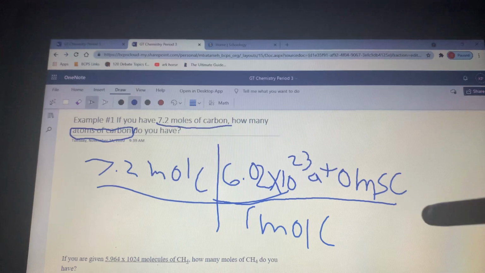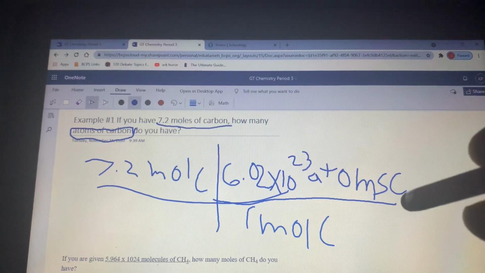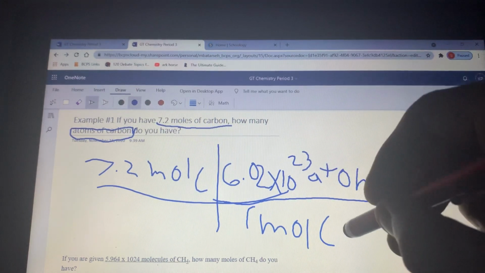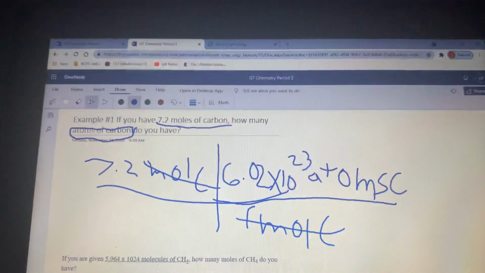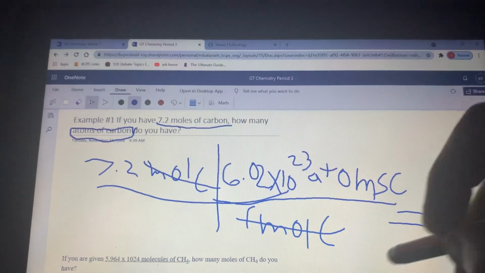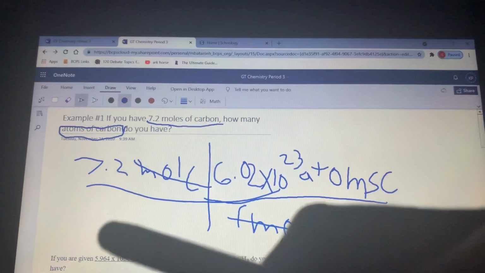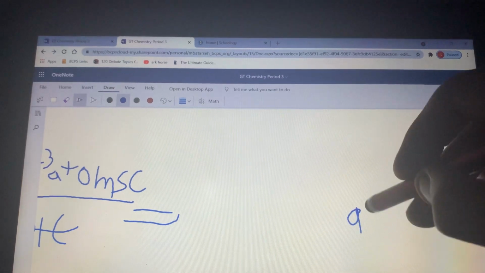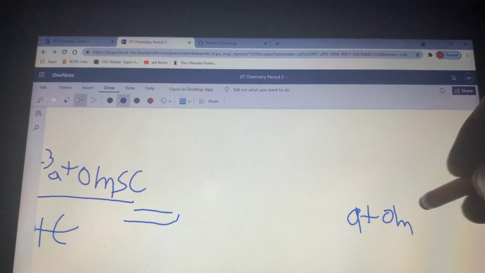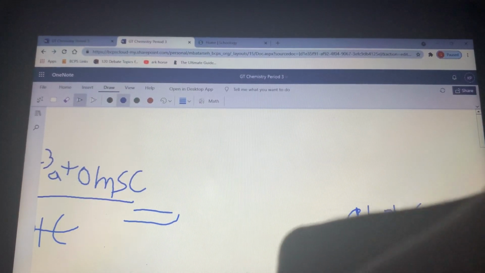So it seems like we're finished. If we got this, we'd get to atoms of carbon. Let's just check this will work. We cross out moles of carbon and moles of carbon, and it equals some amount of atoms of carbon.